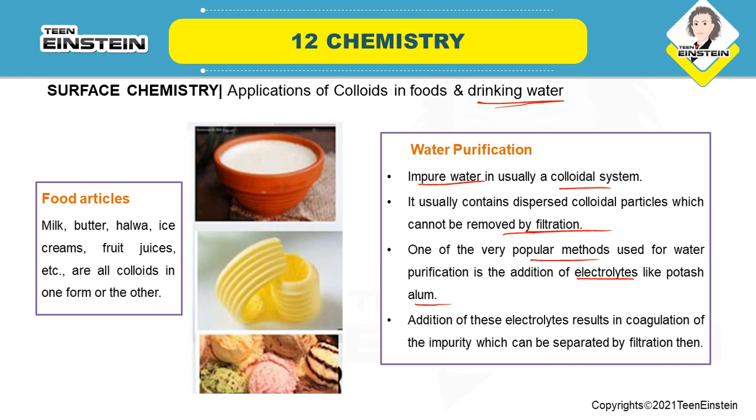The small particles combine with each other, grow in size, and because of gravity settle down. The clear water can then be decanted, or filtration can also be done. In this way we can purify the water. Fine. So this is the application of colloids in food and drinking water.